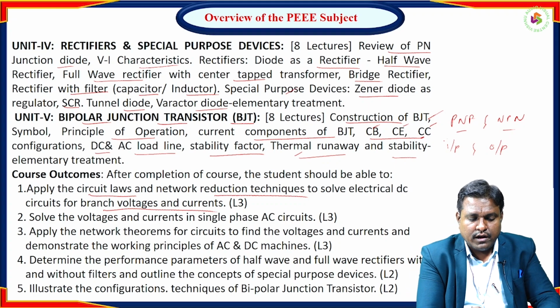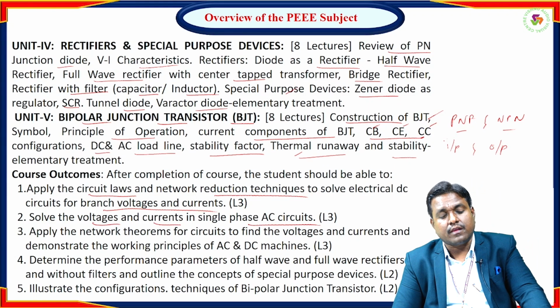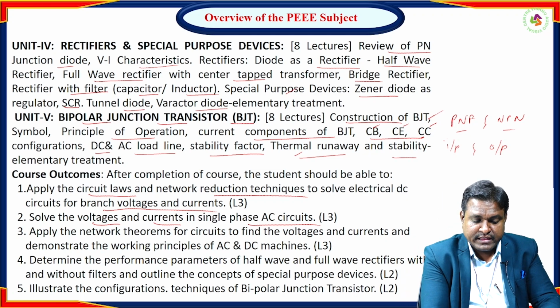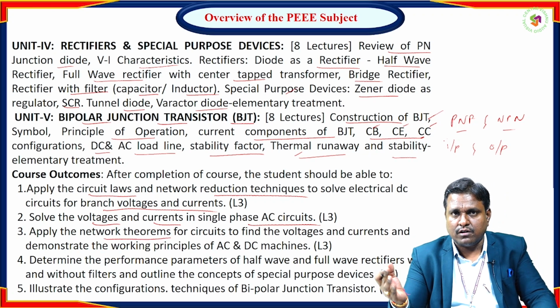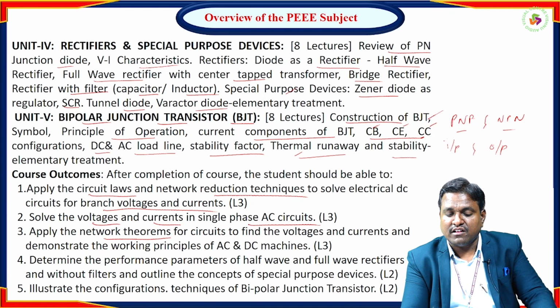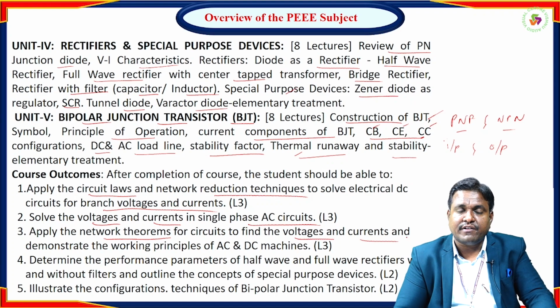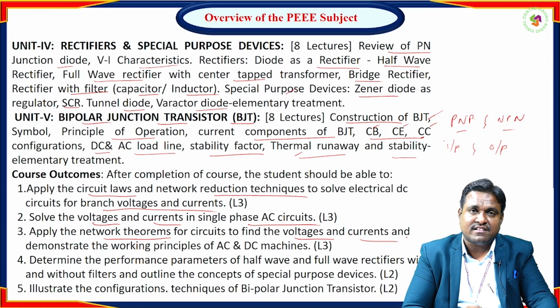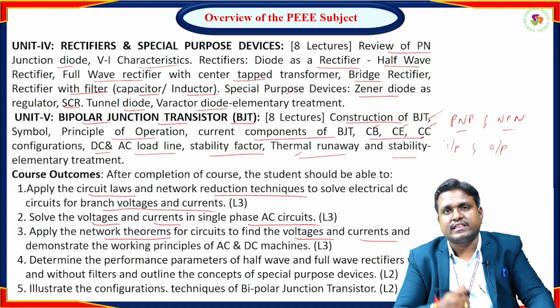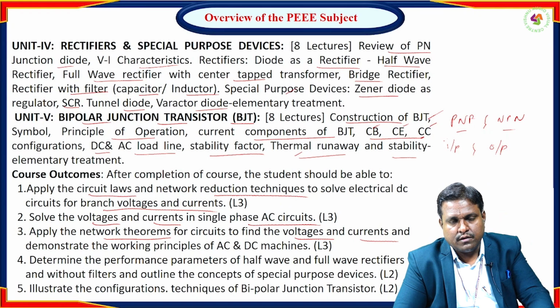Next, he can find the response for voltage and current for AC circuits. And he can apply the network theorems they have studied, like Thevenin's, Norton's or superposition theorem, to find the response. In the first chapter, we find it by using the mesh analysis or node analysis. In the third chapter, he is going to apply the network theorems to find the response.